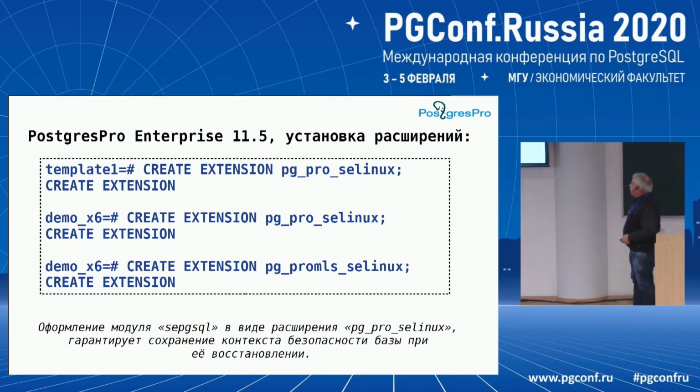As far as the second extension is concerned, it is bigger, PG Pro MLS SELinux. This is the storage arrangement. This is the function that ensures the storage arrangement. And an additional functionality. Extensions are not enough.